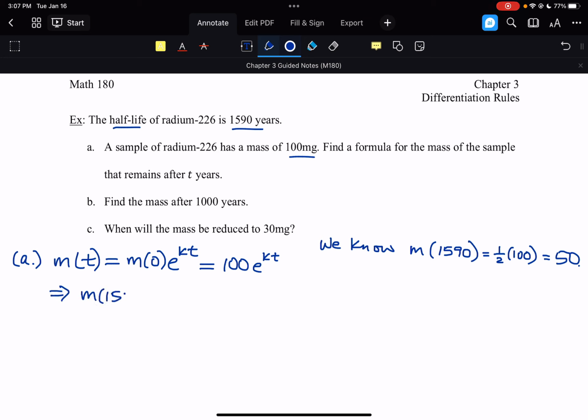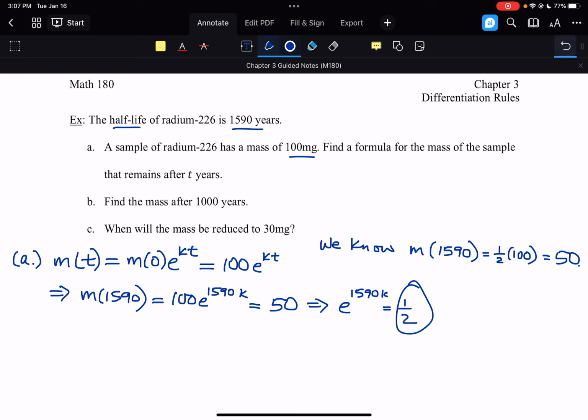The mass after 1,590 years is 100 e to the 1590k equals 50. So we get e to the 1590k equals 1/2. And it's the half-life, so hopefully that makes sense that that's half.